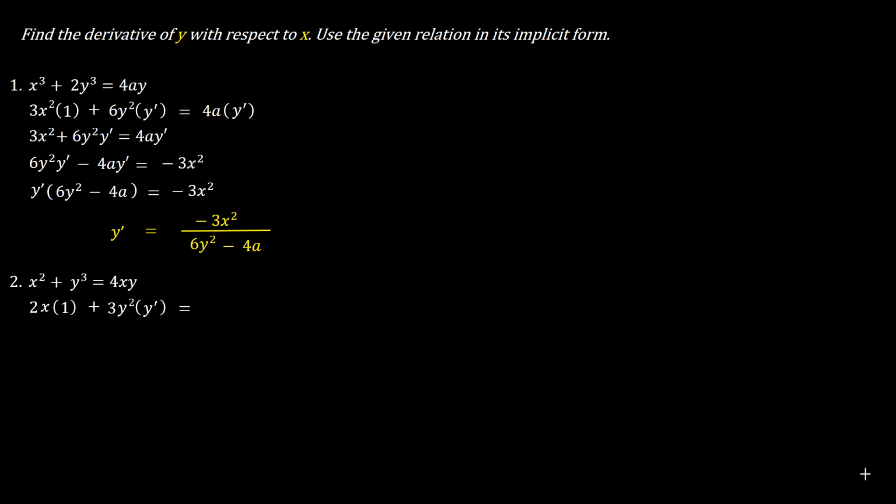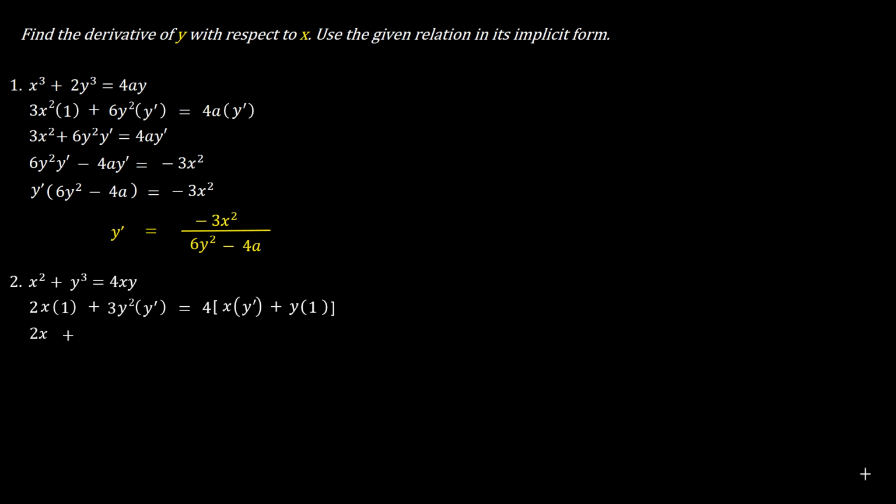Then multiply by the derivative of the base, which is y, and the derivative of y is y prime, is equal to the derivative of 4xy, that is the derivative of a product. Just factor out the constant 4 multiplied by the derivative of the product. Just copy the first factor, which is x, multiplied by the derivative of the second, which is y prime, plus copy the second factor, which is y, multiplied by the derivative of the first, the derivative of x, which is equal to 1.